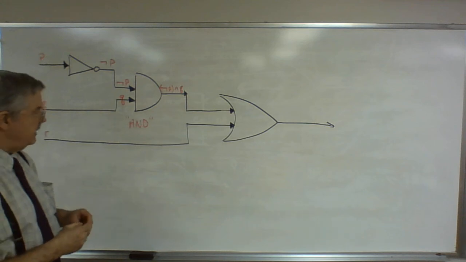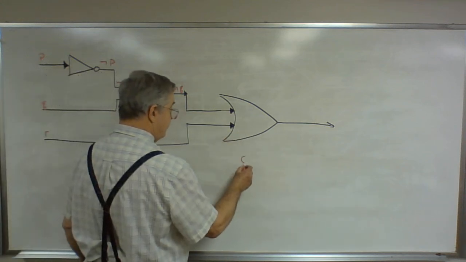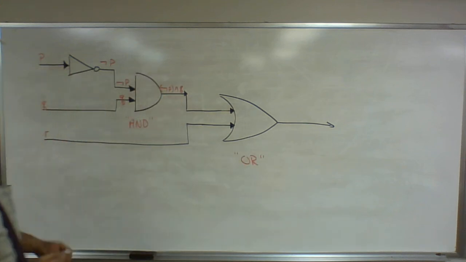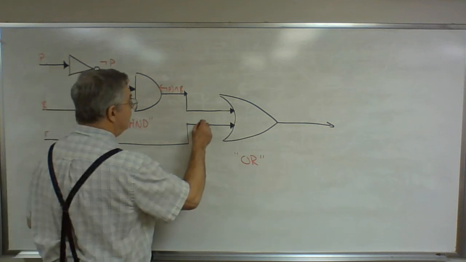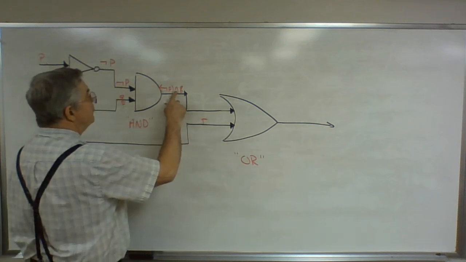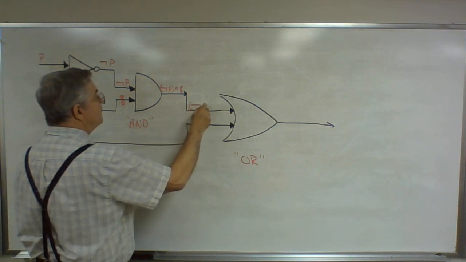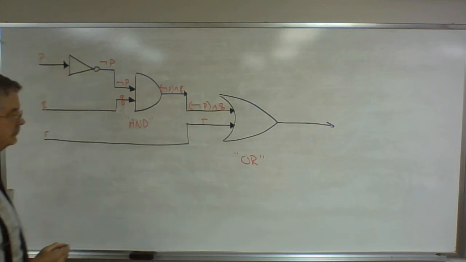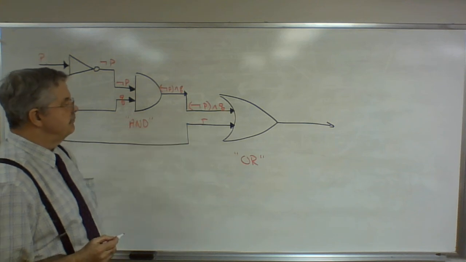And for our next stage, let's see, what kind of a gate is this? It's an OR gate, isn't it? And we have as input this R signal. And we also have this signal as input, which is not P and Q. So we're going to take the OR of these 2 things.